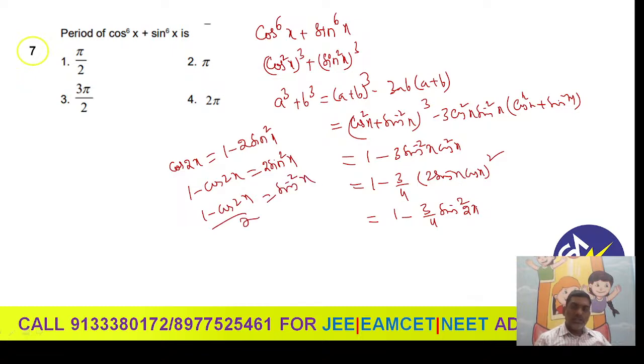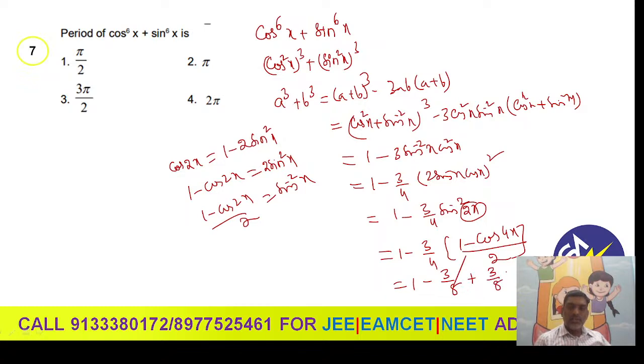In place of x here we have 2x. So in place of 2x you get 4x. 1 minus 3 by 4 into 1 minus cos 4x divided by 2. So simplify this: 1 minus 3 by 4 into 1 by 2, 3 by 8, minus into minus plus. Now 3 divided by 8, 4 2s are 8, into cos 4x.